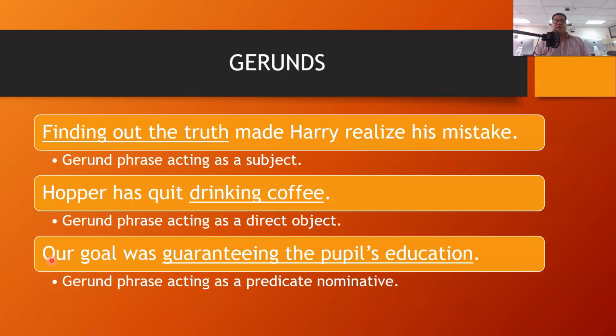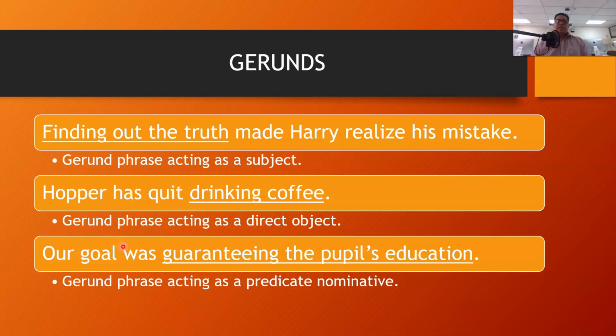Listen to me, in Spanish. Averiguando la verdad hizo que Harry se diera cuenta de su error. Does that make sense? Hopper has quit drinking coffee. Hopper ha dejado tomando café. What? Does that make sense?